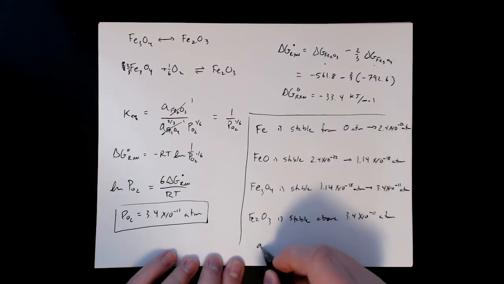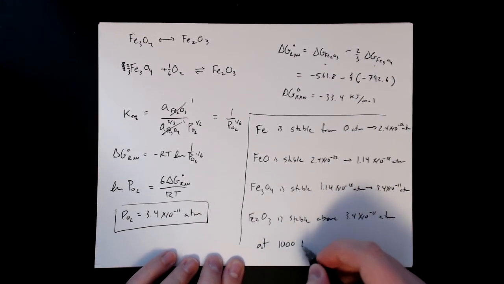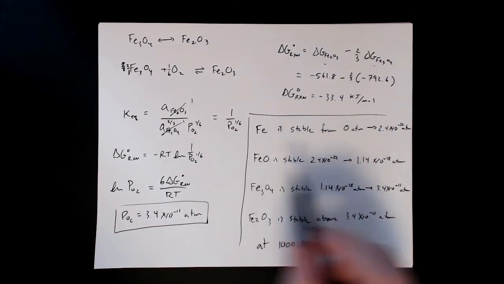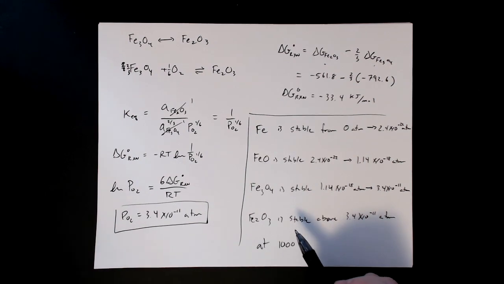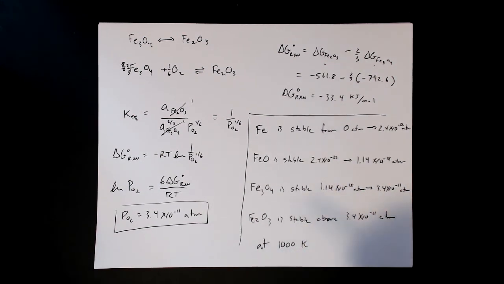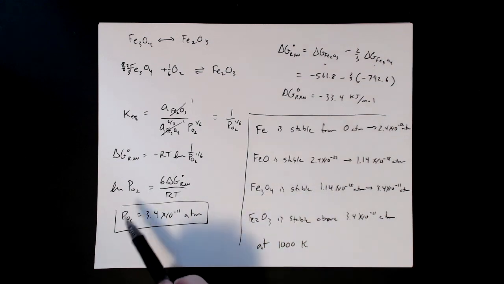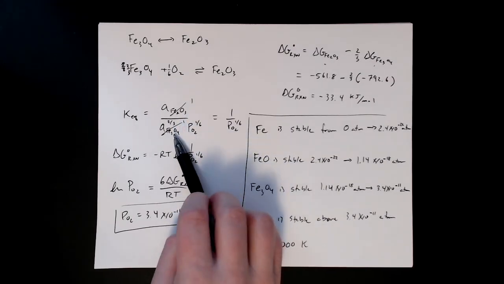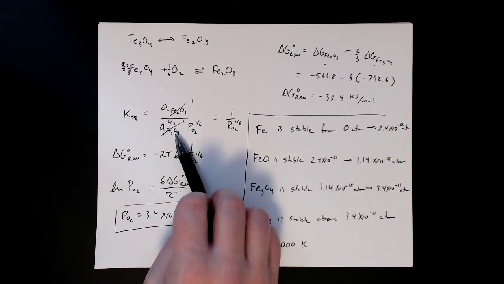All of this, again for clarification, is at equilibrium at 1,000 K. So that's the information that these chemical stability domains are giving us in terms of these pressures. It tells us where each one is stable under these conditions, assuming that these are all pure compounds, from the assumptions that we made over here.